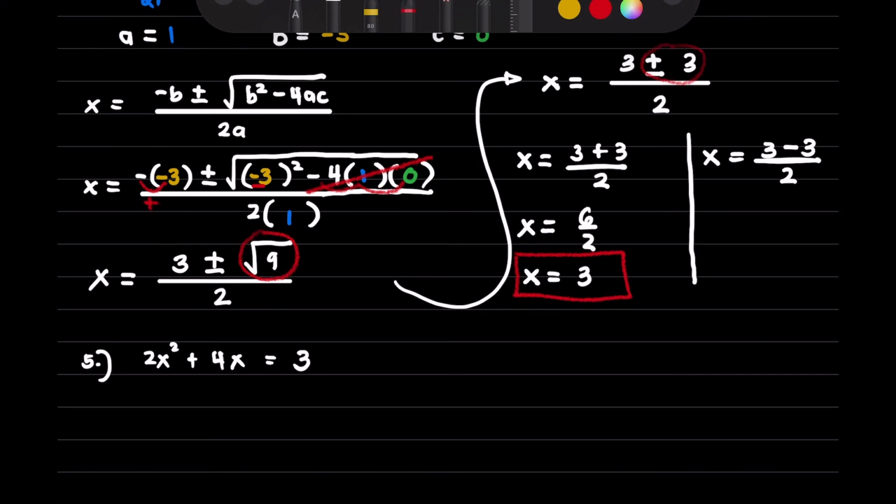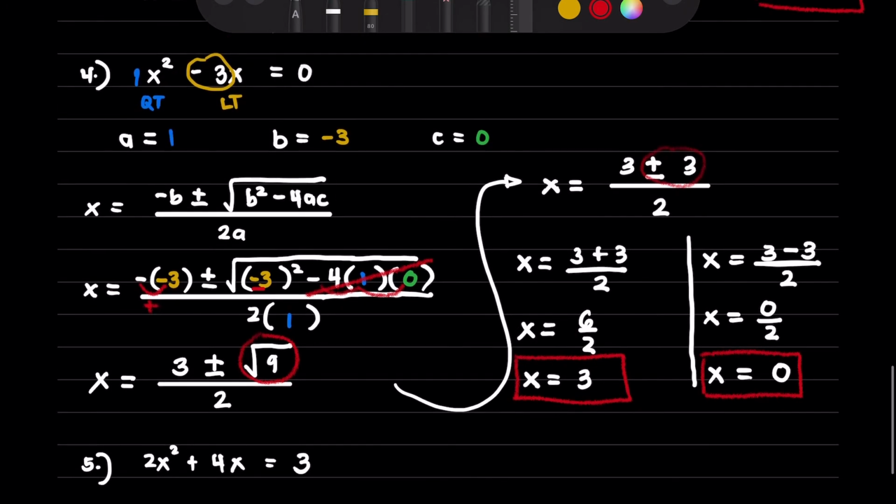Next then, sa other side, x equals 3 minus 3, that is 0 over 2. And since 0 ang numerator natin, 0 divided by 2, the answer is 0. So, eto na yung isa pang root natin. So, the roots of our given equation, which is x squared minus 3x, are 3 and 0.